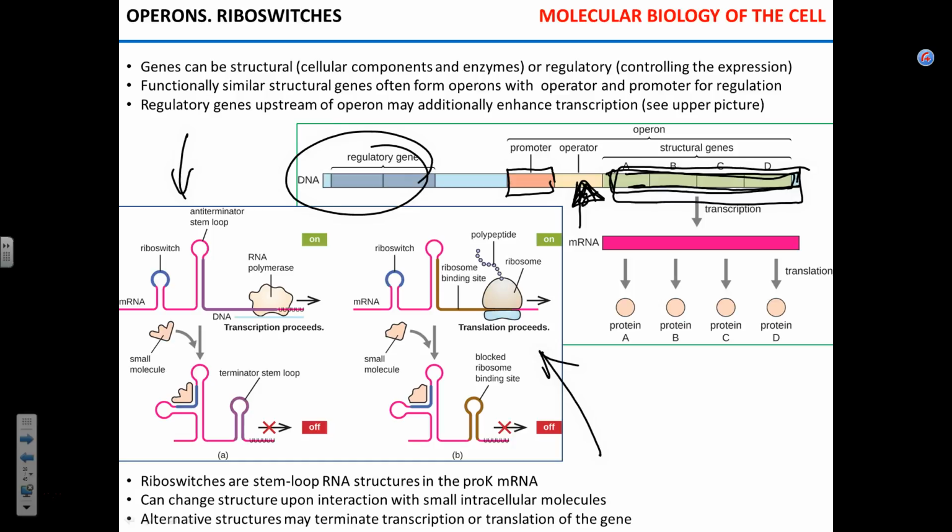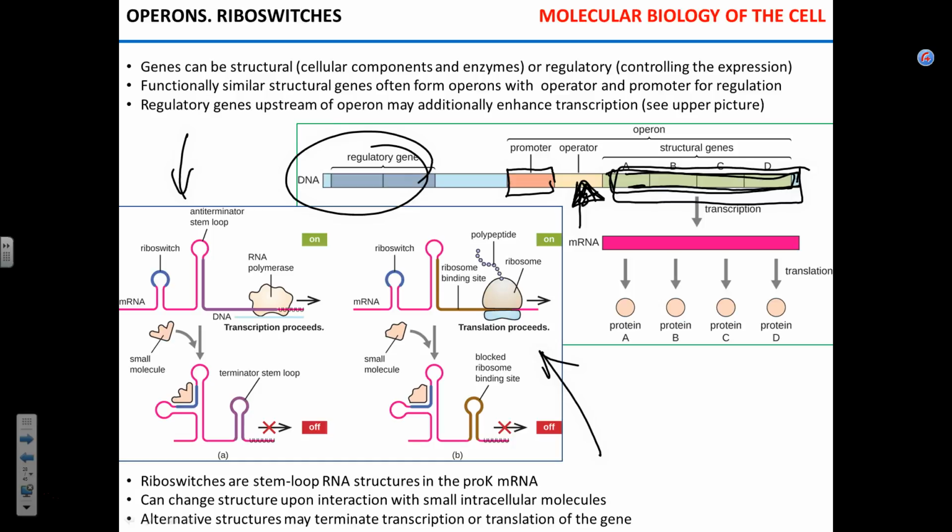A particular gene may or may not have riboswitches. What I'm saying is that they can be present and they are common. So if you read something and you see the word riboswitch, you know what it is. If you read something and you see the word operon, you know what it is.